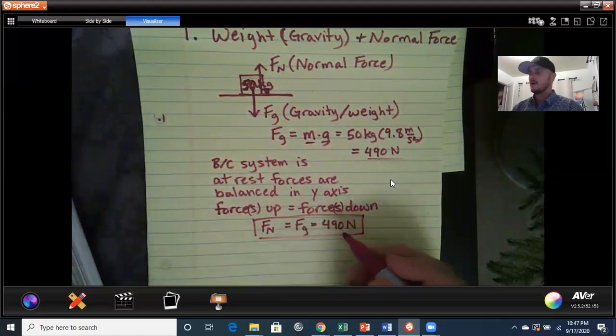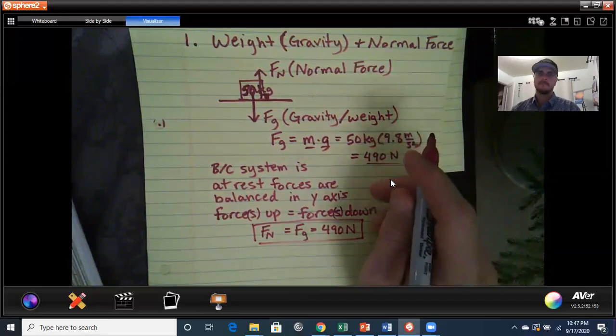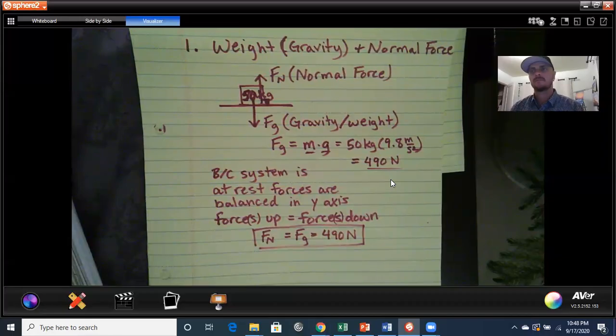They both are. Now, a moment ago, I said, don't worry about putting a negative here. Here's why. When we get to force problems, whatever the dominating direction is, whatever the strong direction is, I like to call that positive. And whatever the weaker direction is, meaning the forces in the other direction are lesser than the other forces, I like to call that the negative direction. So I like to be able to pick what I call positive and negative when I'm doing force problems.